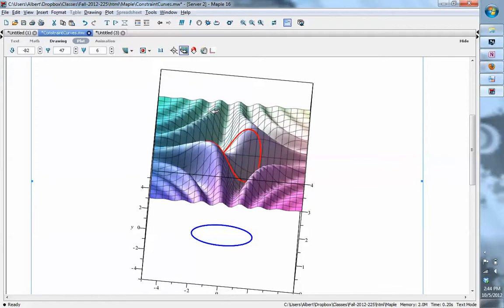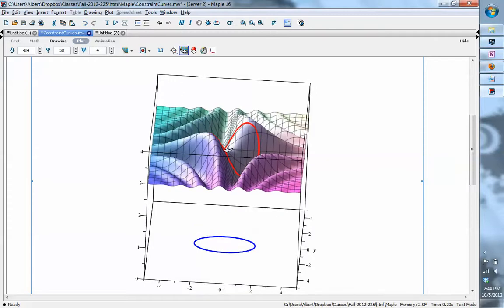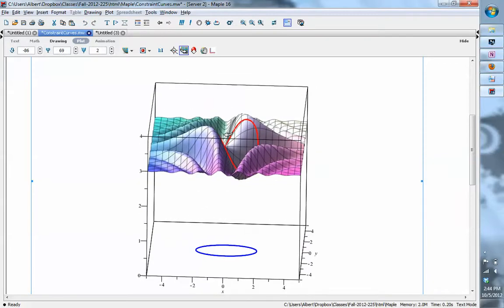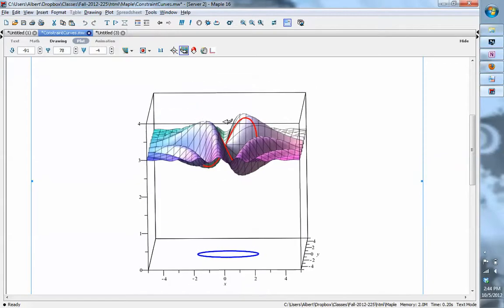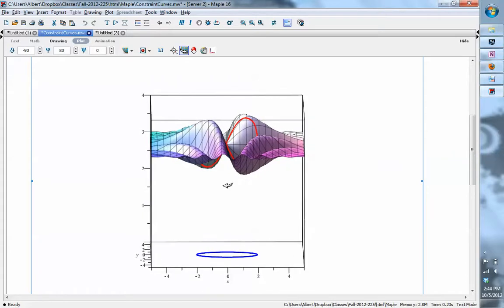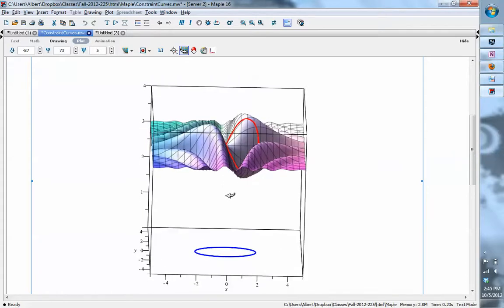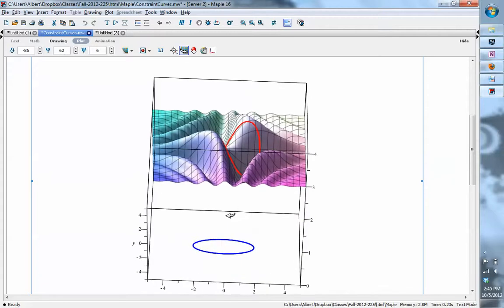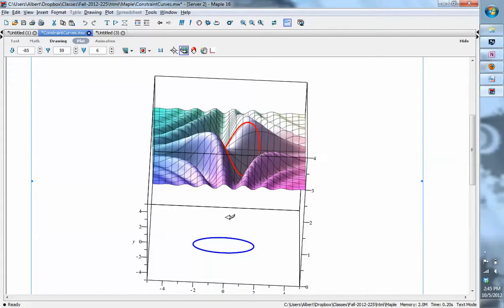And I want to be able to switch back and forth between these two perspectives today so that we can do some of these optimization problems that I'm interested in. So here's the full-on perspective. I just made up this surface. Well, I didn't make it up, but I wanted just a nice, nasty surface that really would be difficult to deal with.